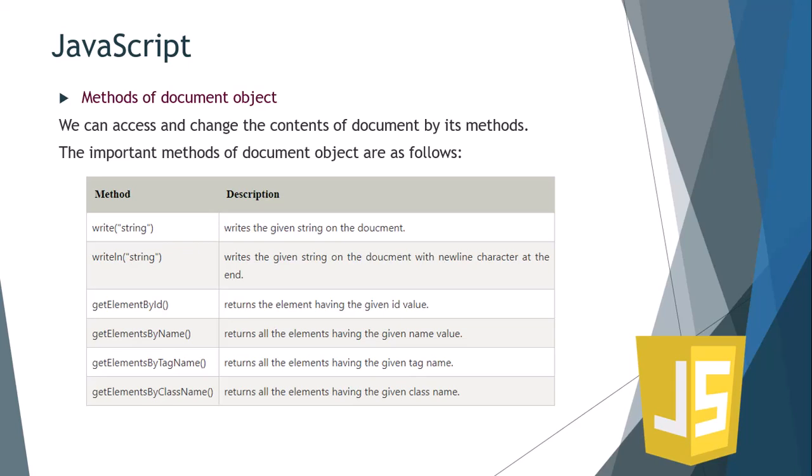Then we have getElementById. This returns the element having the given ID value. Now we have getElementsByName.